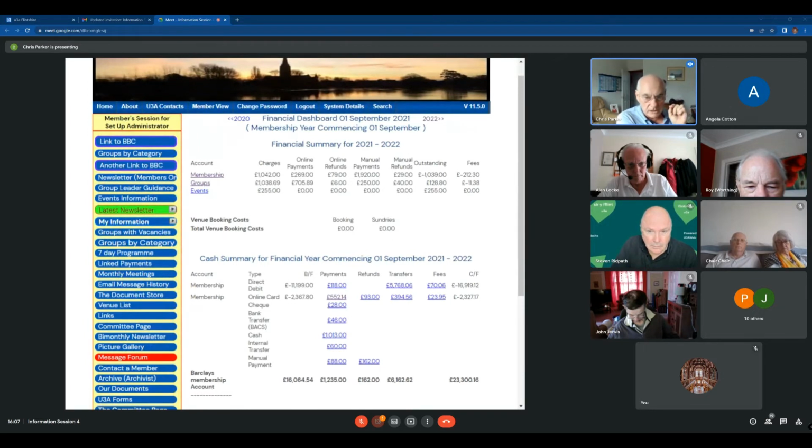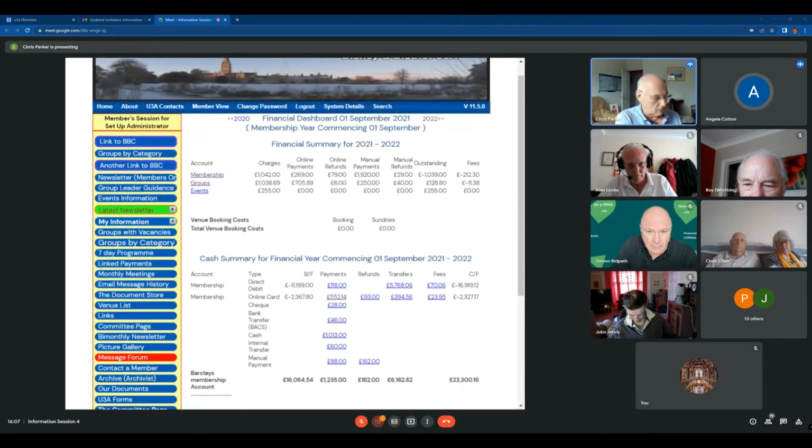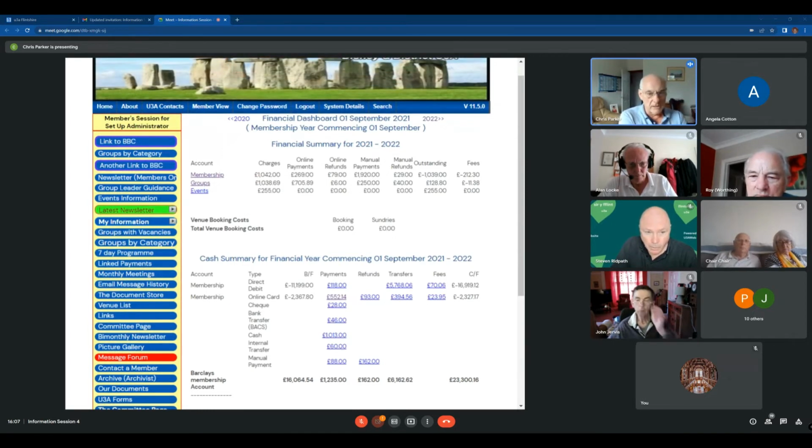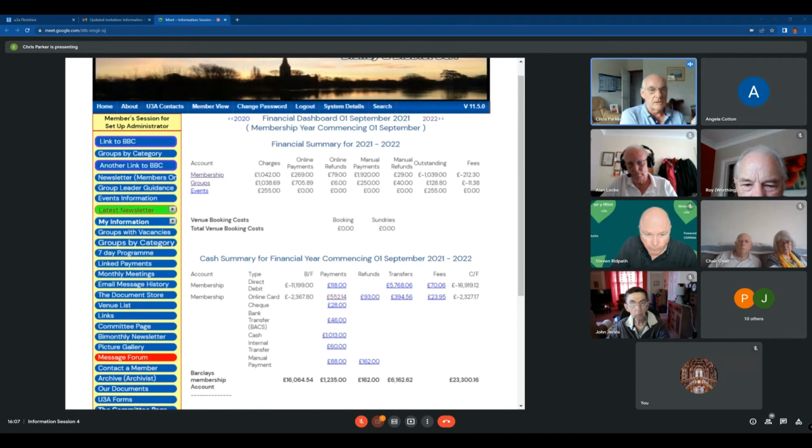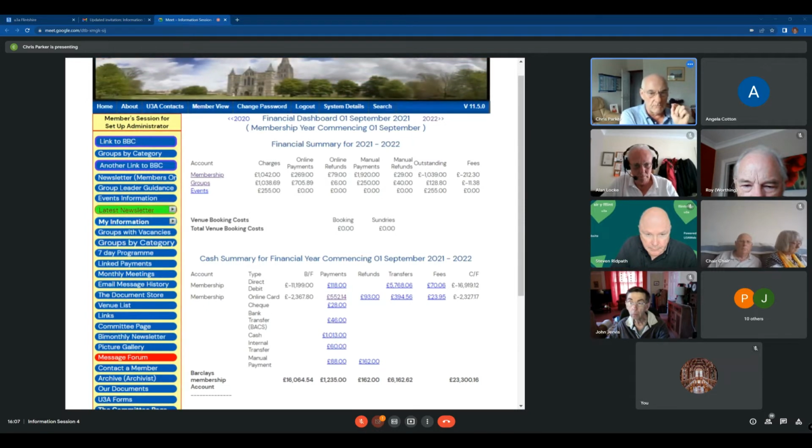But what it doesn't show at the top is new joiners. So if a new joiner comes in and pays by credit card at that point, then the system at the top part won't show that in membership because they're not members yet.